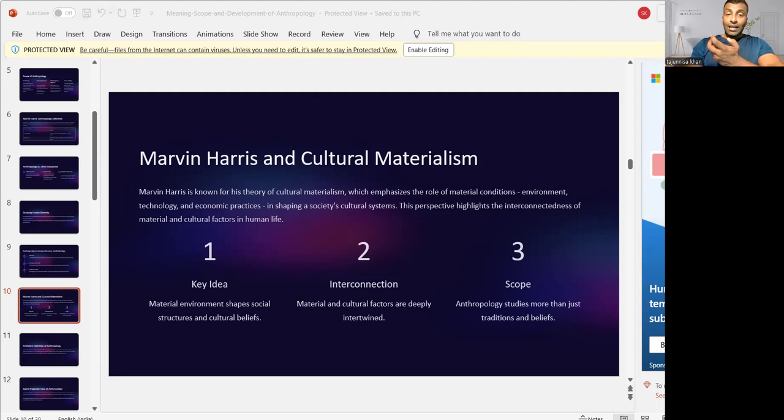And that shows anthropology is not just about studying traditions or beliefs, but also about understanding the material realities that shape human life. So it's not about the study of only culture, or only traditions or beliefs. It also connects things with material realities that shape human life, according to Harris. So that's another dimension. So we are defining the scope, right?